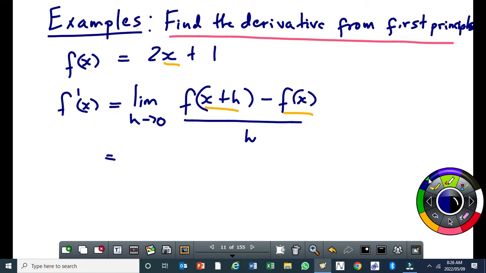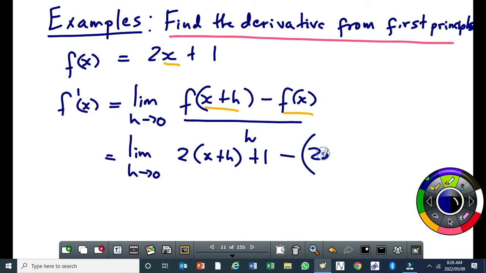So this will become the limit as h tends to 0 of 2 times x plus h, plus 1, minus, since our function f of x is a binomial, I have to put the 2x plus 1 in brackets, so (2x plus 1), all over h.